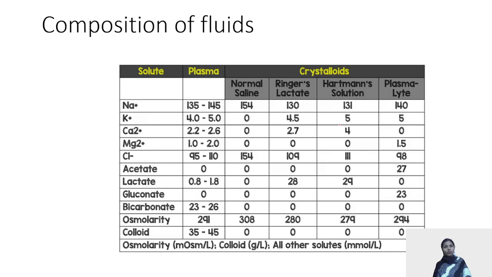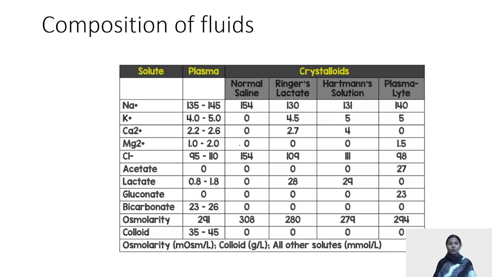Coming to the composition of the fluids, when we talk about the plasma, normal saline, ringer lactate, Hartmann solution, and Plasma-Lyte A. These are the main fluids that we use. The composition is a bit difficult to learn.